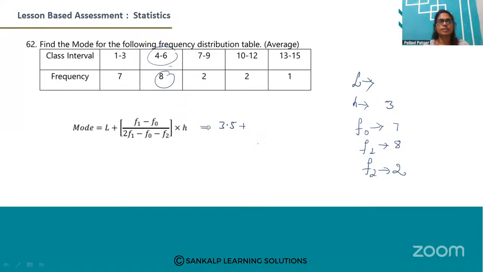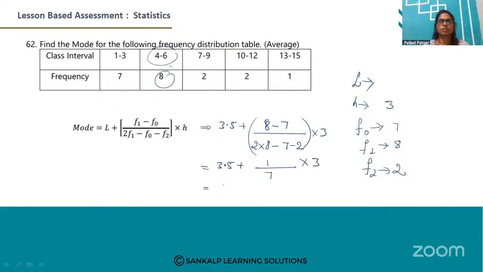So here 3.5 plus (8 minus 7) divided by (2 into 8 minus 7 minus 2) into H, which is 3. So this is equal to 3.5 plus 8 minus 7 is 1, divided by 16 minus 9 is 7, into 3.